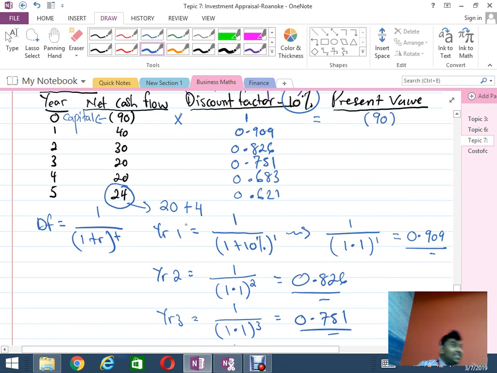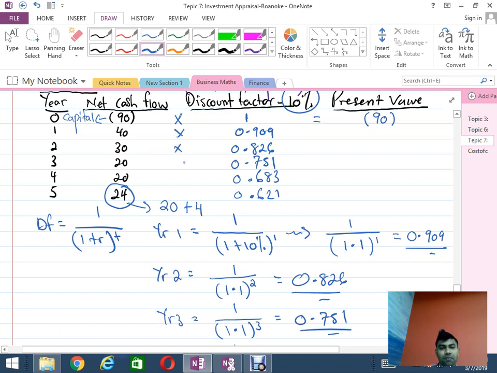Now what happens? Sometimes in your exercise, the scrap value won't be in the same year. Can you include it? If the scrap value is in year 6, can you plus together? You don't do that, because it's a different year, correct? This happens because both are in the same year, so we plus together. Okay? So it becomes 24. Now very simple.